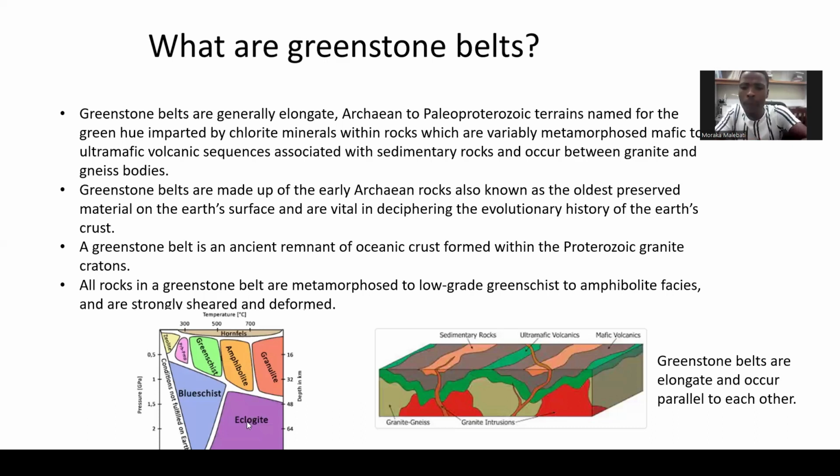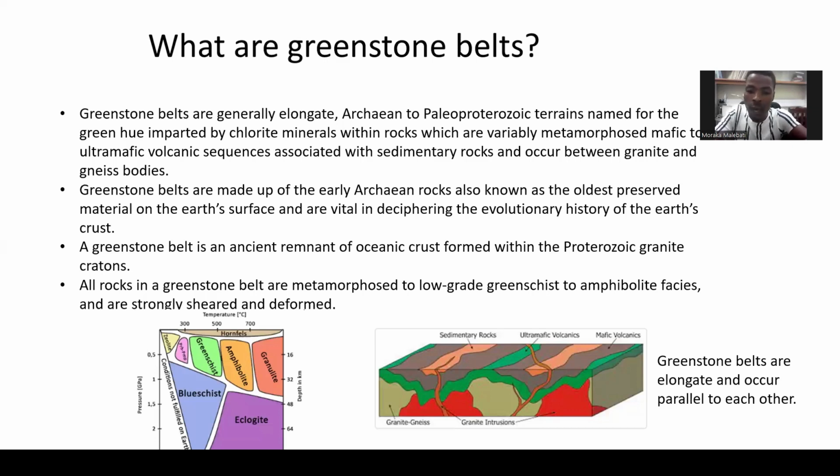Now, if you check here on the far right hand side, you will see these green colors, the greenstone belts, and as you can see, they are elongate, linear, and parallel to each other.